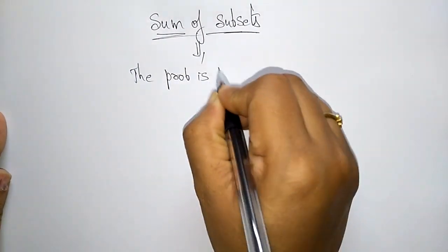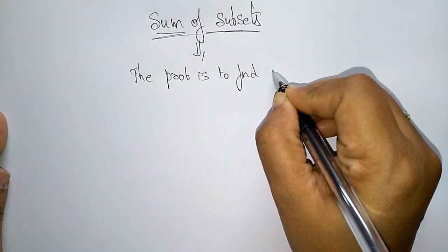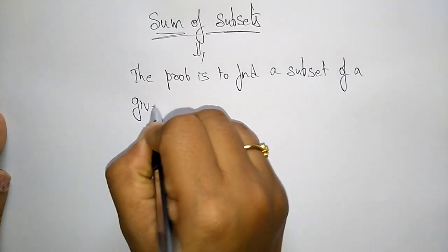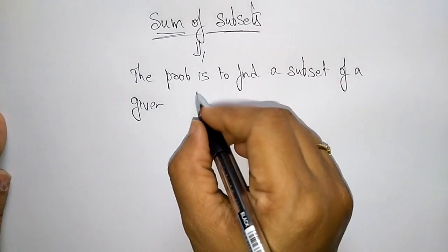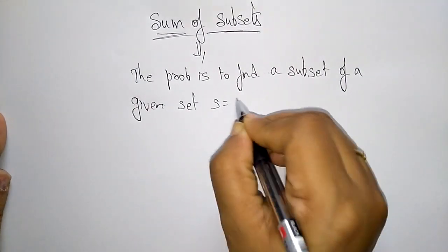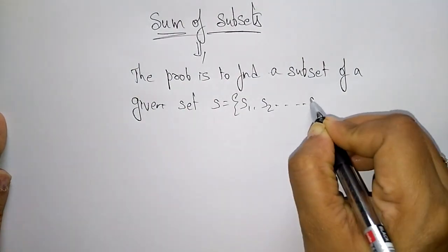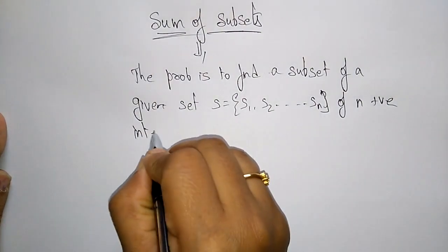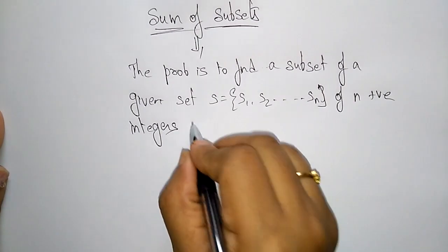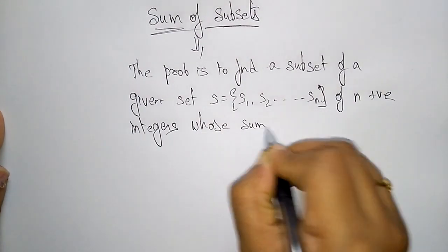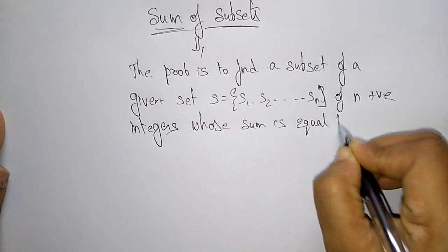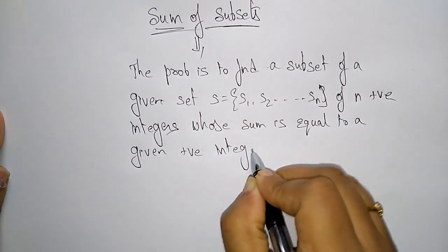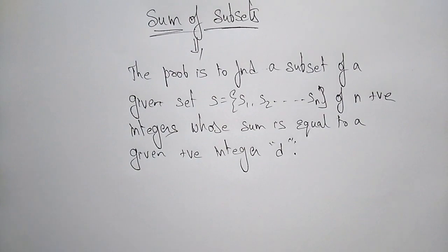The problem is to find a subset of a given set S equal to S1, S2 up to Sn of n positive integers whose sum is equal to a given positive integer d. So this is the definition of sum of subsets.